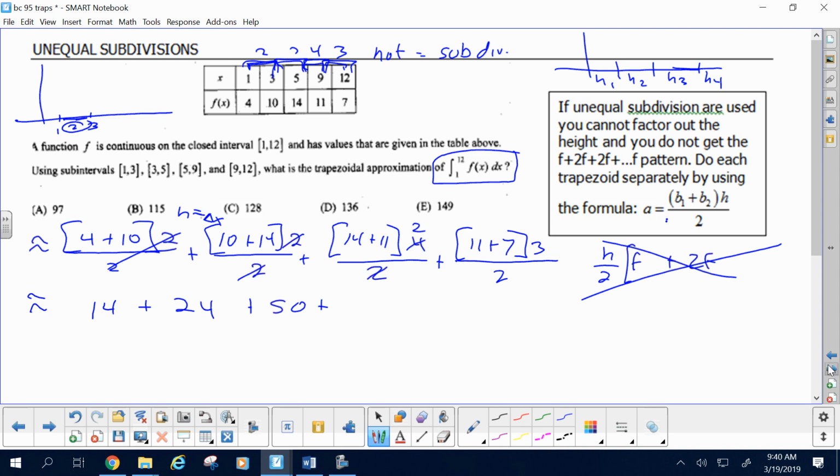So if you add first, get 18, divide by 2 for 9, and 9 times 3 is 27. Therefore, the area under the curve estimate is about 115. Okay. Are you with me?